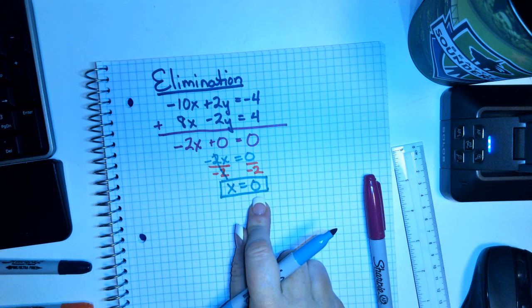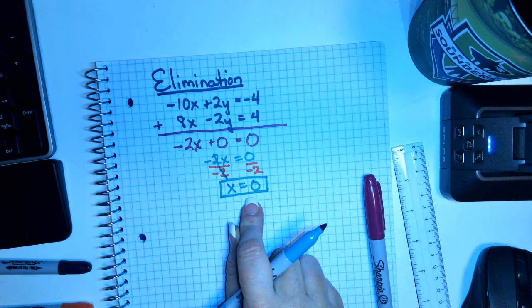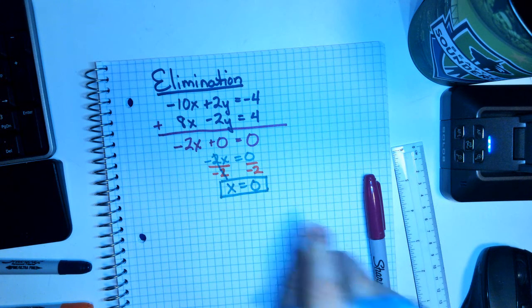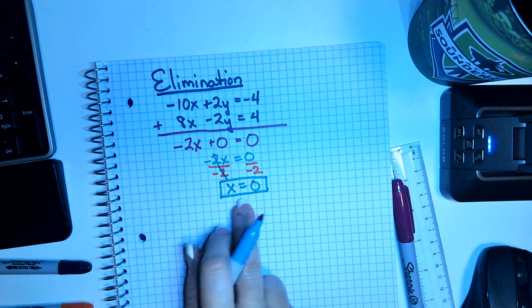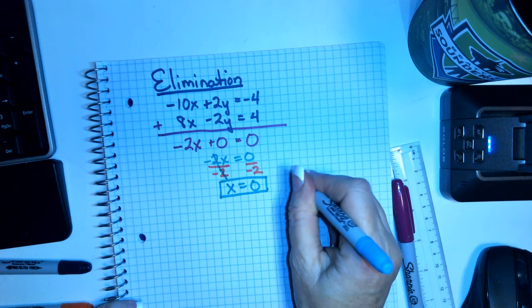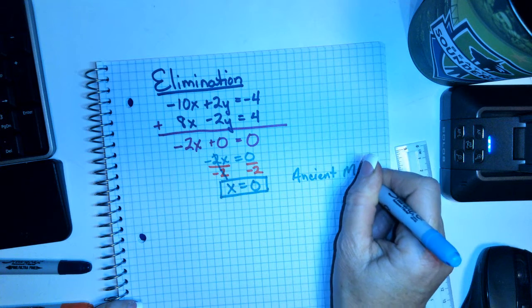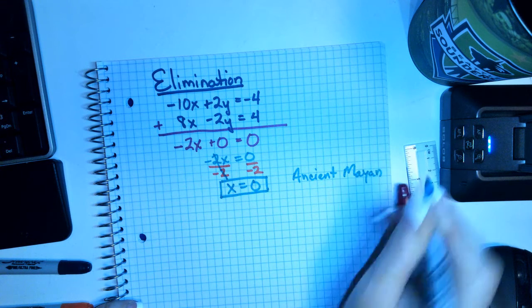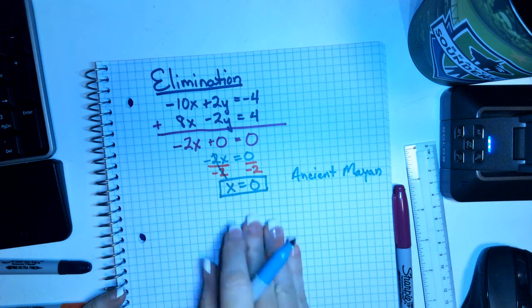Do you ever get scared when a number equals 0? Does it feel like maybe you don't have a solution? But 0 is actually a real number. The first people to discover 0 were the ancient Mayan people in the southern part of Mexico and the very top of South America.